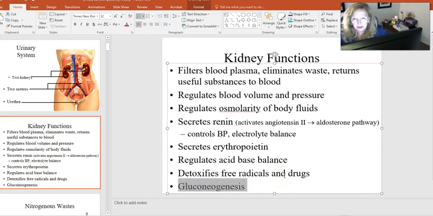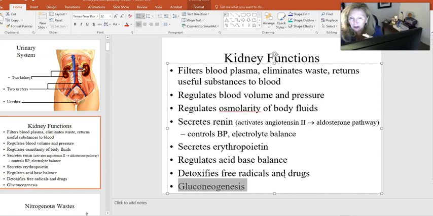So, we know already about the pancreas and its important role in secreting insulin and glucagon and maintaining glucose homeostasis. But now we've seen other things as well. So the adrenal glands and how cortisol and glucocorticoids can play a role in raising blood glucose levels.